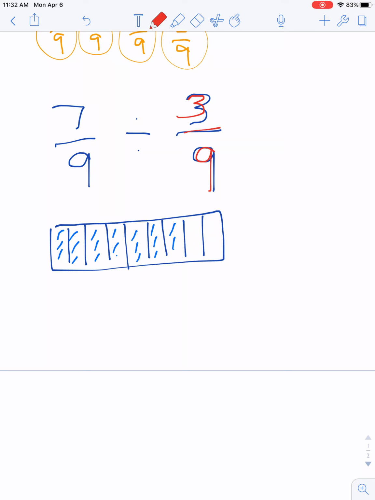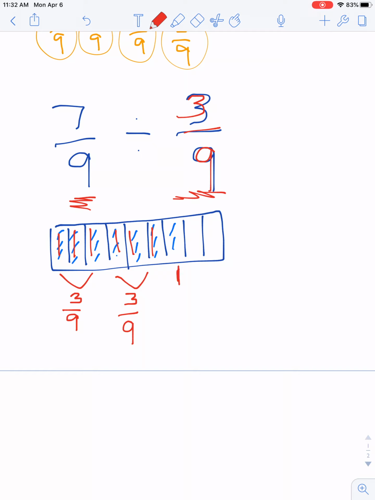Because they both have the same denominator, I know that my 3/9 is going to be the same size as each of the sections in my 7/9. So I have 1, 2, 3. Here's one group of 3/9. 1, 2, 3 is another group of 3/9. And then I have this left over.